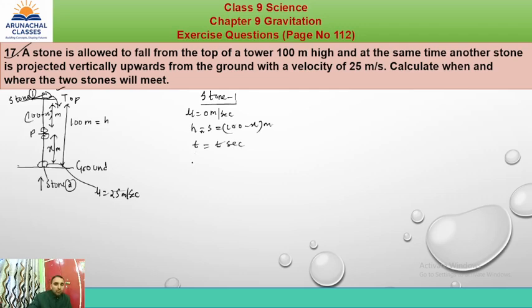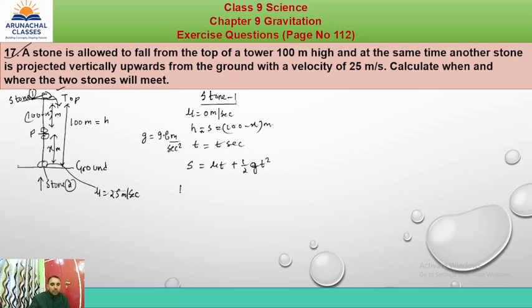Now we have the formula s equal to ut plus half gt square, from the Newton equation of motion. And the g value here will be taken as 9.8 meter per second square.